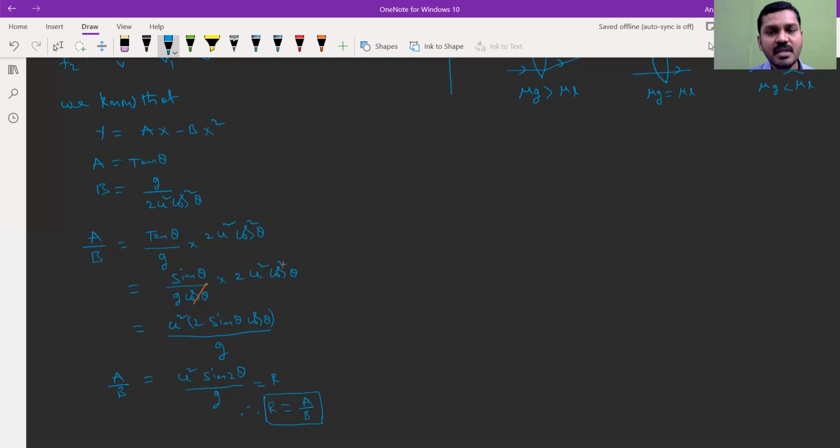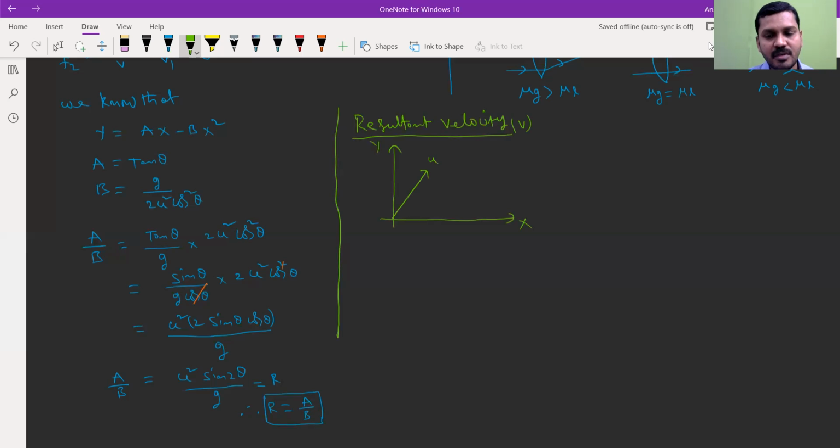Next, I am explaining the resultant velocity and its direction. Resultant velocity is denoted by v. We know this diagram very well: this is the x direction and this is the y direction.